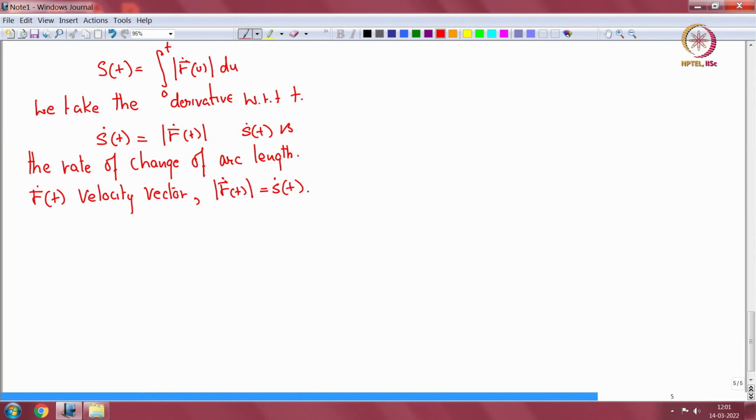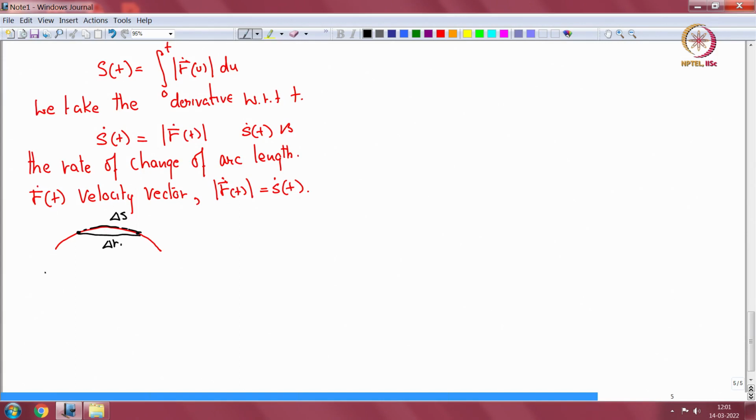Okay. Now the question we ask is, if this is how the curve is, and let us say from here to here, this happens to be my delta s and this happens to be my delta r.